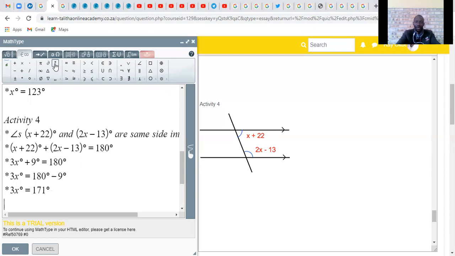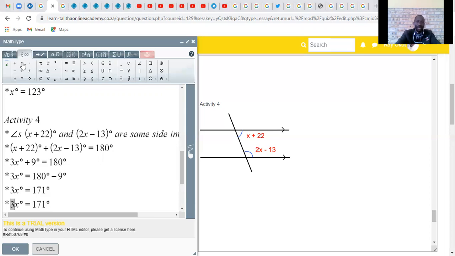Now, in the next step, we find the value of x by dividing all these quantities by 3. So we have to divide 3x by 3, and also we divide 171 by 3. That way, we can be left with only x.